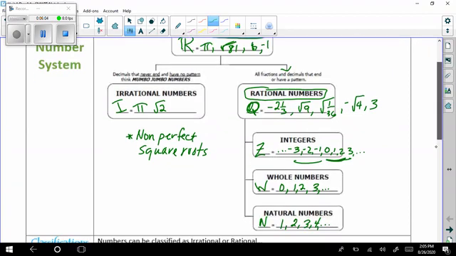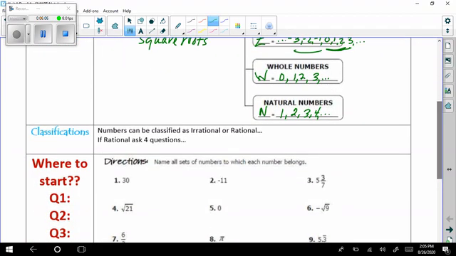So now below, what you're going to do is classify the numbers as irrational or rational, and then if rational, you're going to ask 4 questions. I'm going to start from the bottom. Is it a natural number? You're going to ask if it's whole, because if it is, then go to the whole.